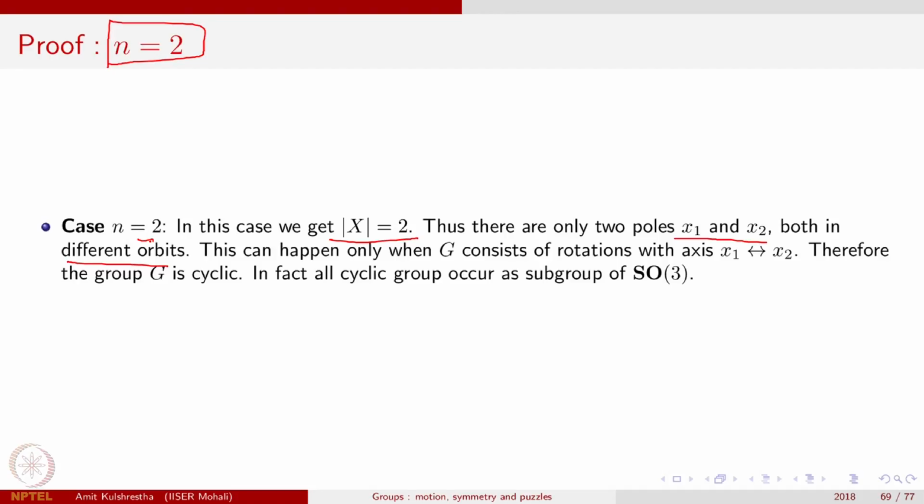I cannot move this from that, and this is happening when x1, x2, the line joining those 2 poles is actually the axis, and now your group is moving and this is rigid. So the only possibility is your group is cyclic. So all cyclic groups occur as subgroup of SO3, and n is equal to 2 possibility is that one. That was quite straightforward. N is equal to 2 is precisely cyclic groups.